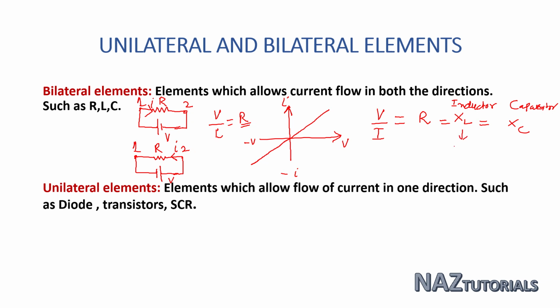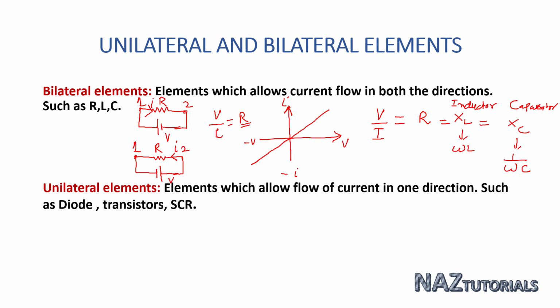XL is defined as omega L and XC is defined as 1 upon omega C. For a fixed frequency, XL is constant and XC is also constant. So the inductor and capacitor have the same VI characteristics for both directions of current. It gives a constant value, that means the impedance cannot be changed.